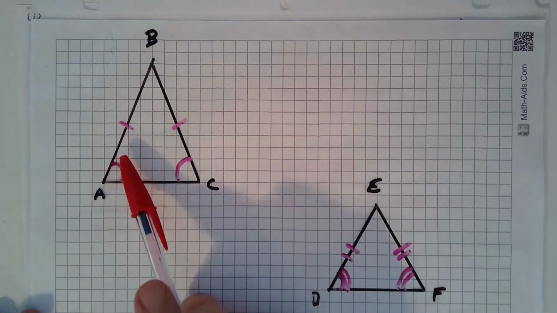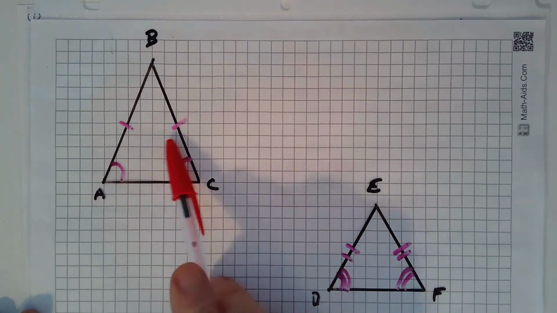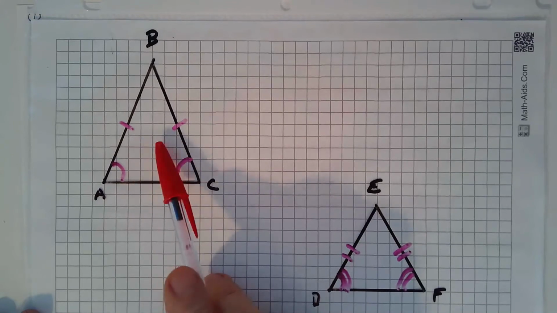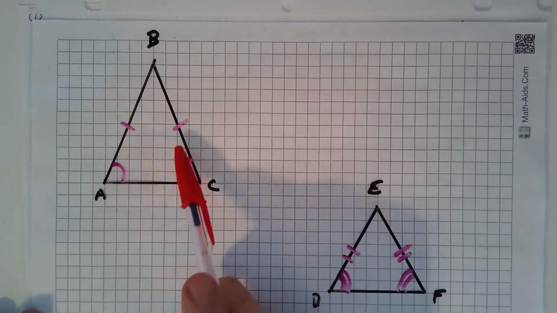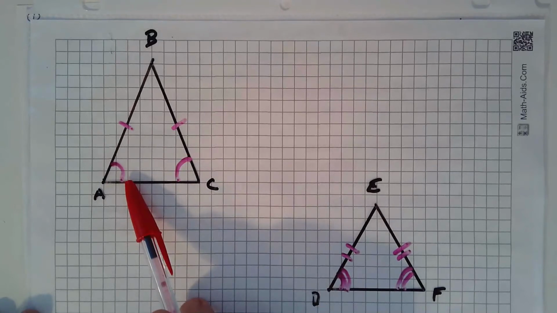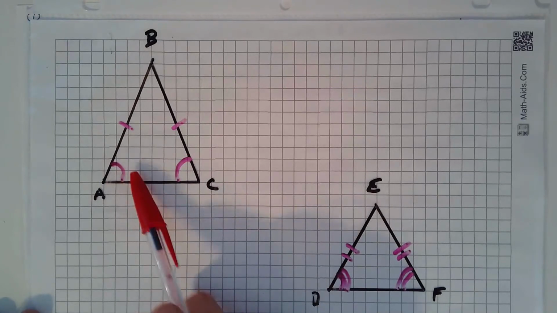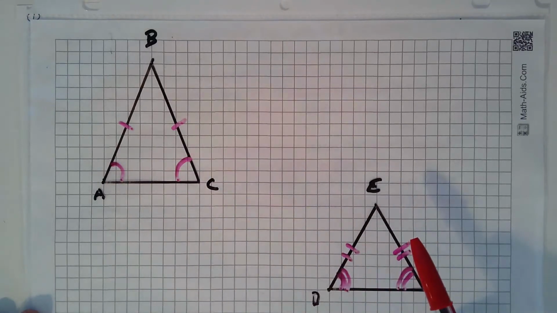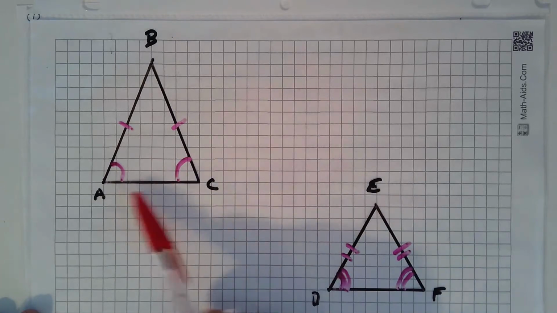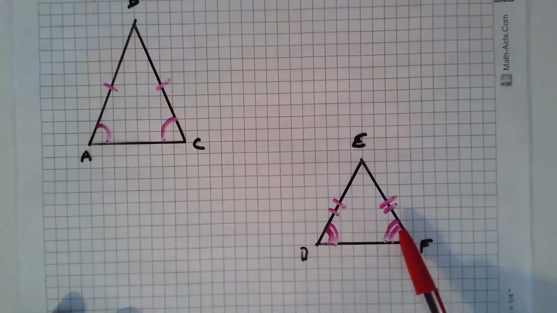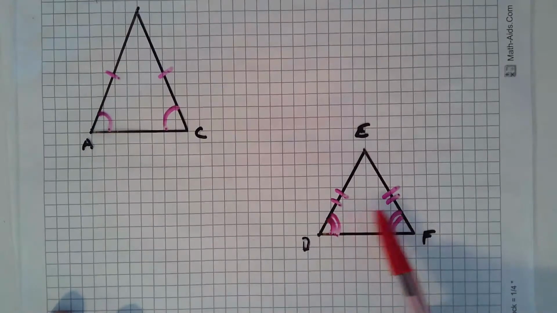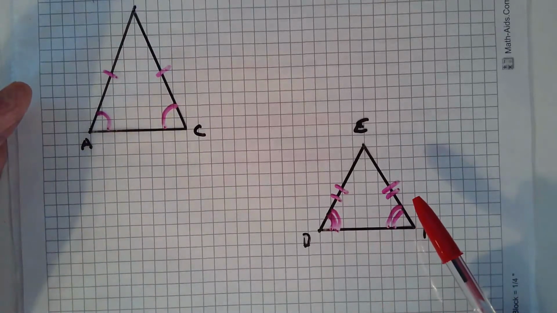As a result of the relationships between the angles and the sides, the angles at the base of the two congruent sides are also congruent. So again, with triangle DEF, you have two congruent sides, and the two base angles D and F are congruent. So in this way, they're exactly the same.